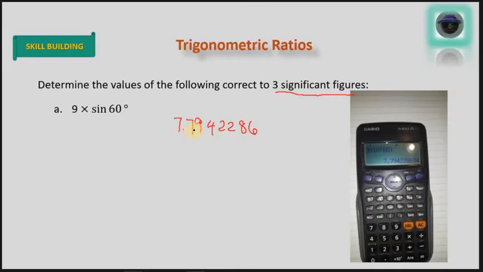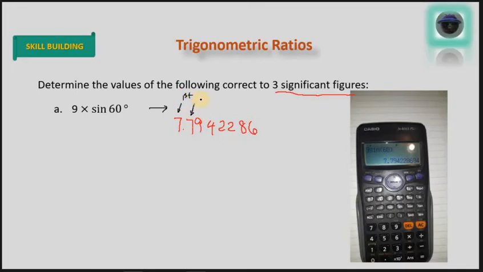Now the first significant figure in a number is the first digit. When we are reading from left to right, the first non-zero digit that we see is the first significant. So our 7 here is not a 0, so it's our first significant figure.